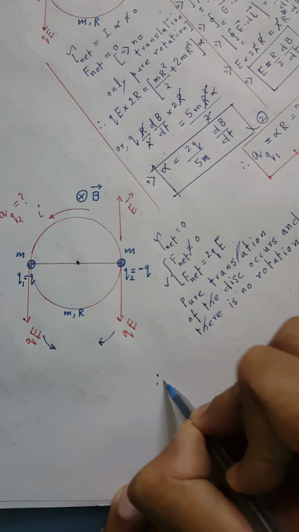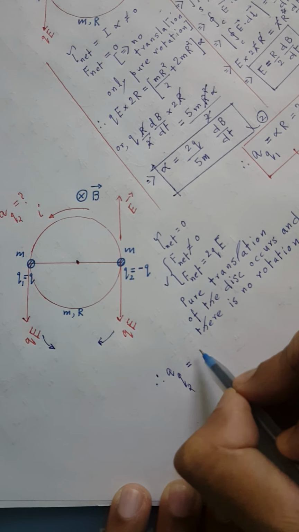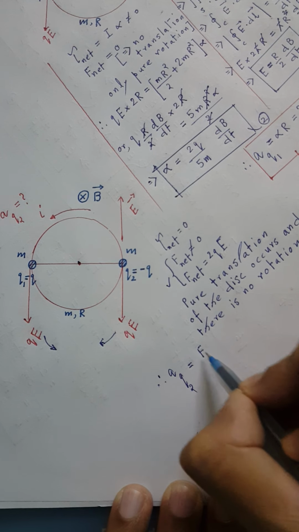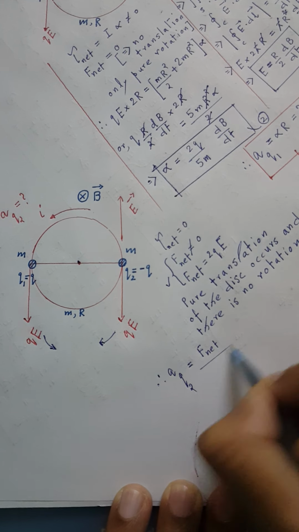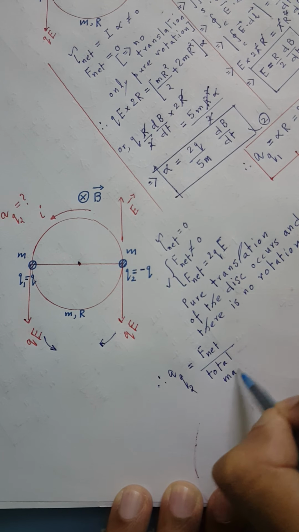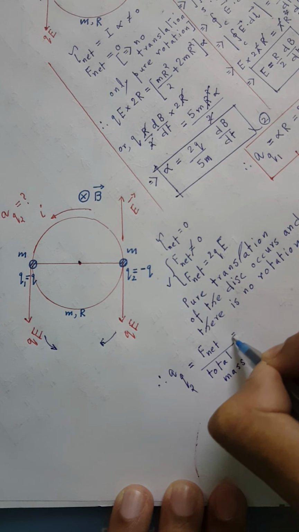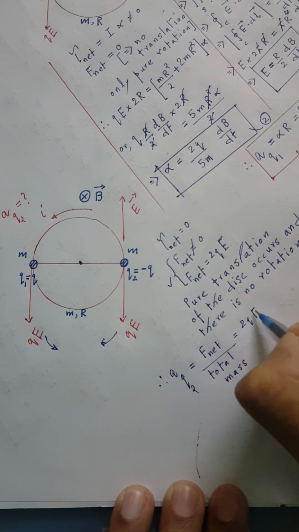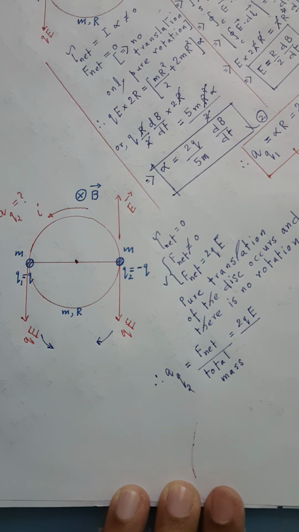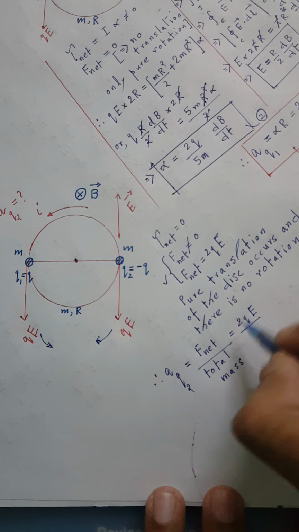Therefore acceleration of Q2 is equal to total force, simple by Newton's second law, so it is 2QE by the total mass of the system, M plus M plus M, so 3M.